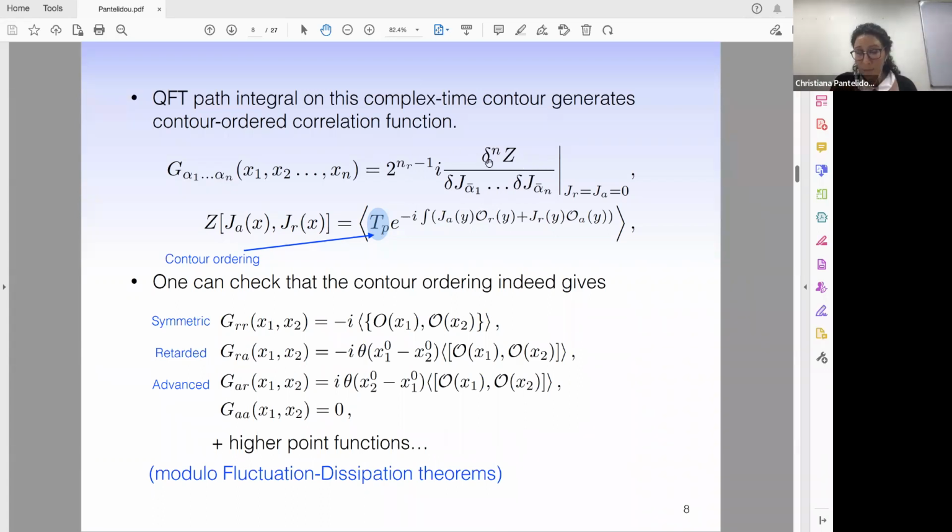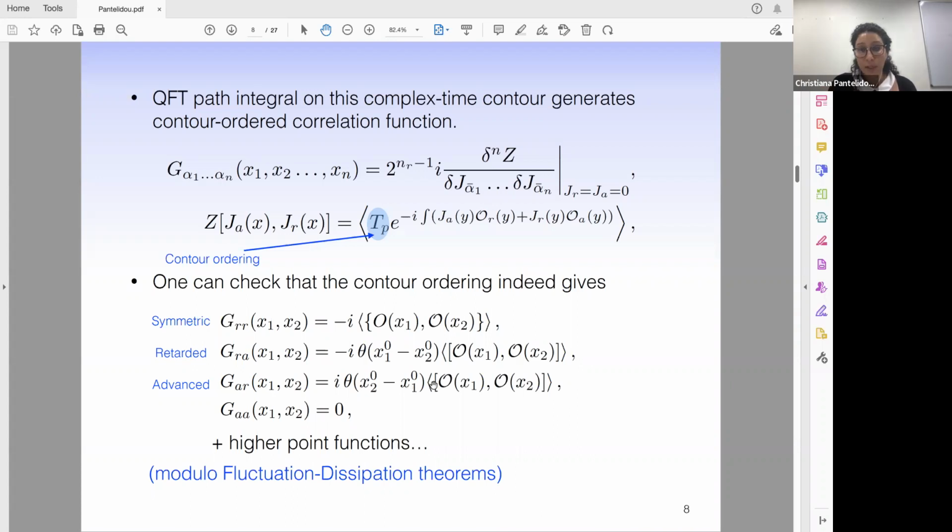So just as an example, if we vary this quantity with respect to JA twice, we'll get GRR, which is usually referred to as the symmetric two-point function. And it's not too difficult to see that this will essentially be the thermal expectation value of the anti-commutator of the two operators. If instead we do, again, two variations, once with respect to JA and once with respect to JR, depending on the order, we will either get the retarded two-point function, GRA, or the advanced one, GAR.